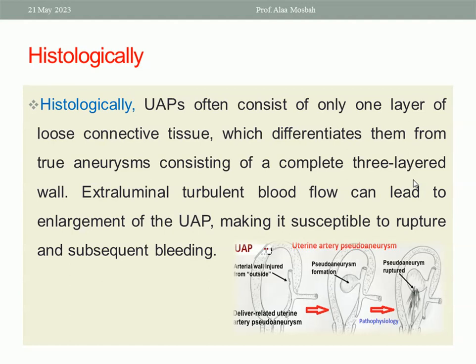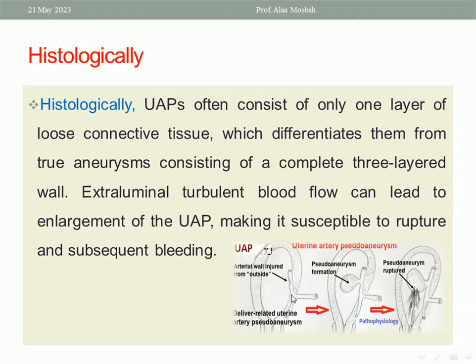So a true aneurysm contains three layers in its wall, but a pseudoaneurysm contains only one layer of loose connective tissue. Okay? Extraluminal turbulent blood flow can lead to enlargement of uterine artery pseudoaneurysm, making it susceptible to rupture and subsequent bleeding.